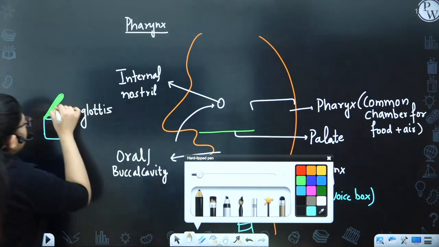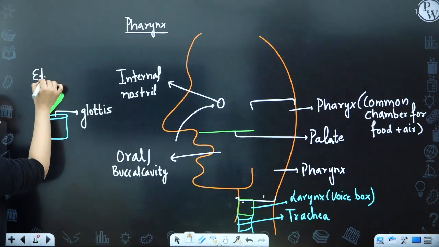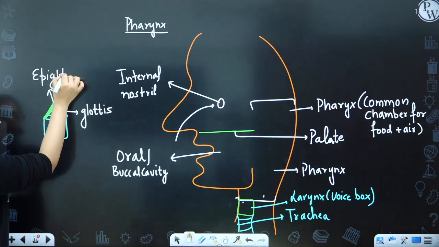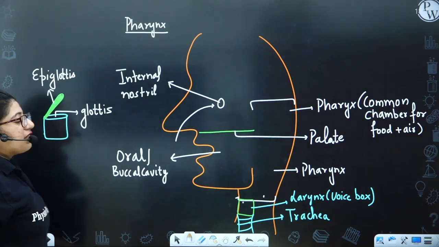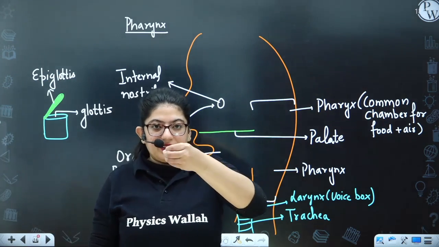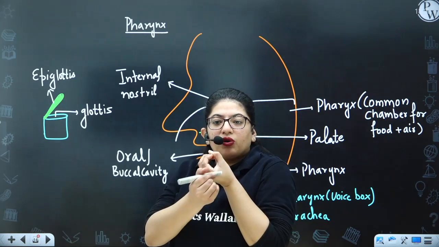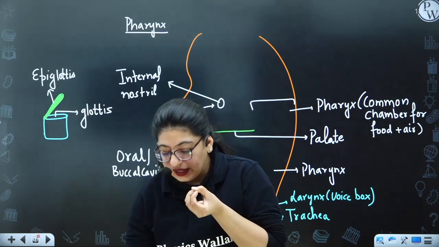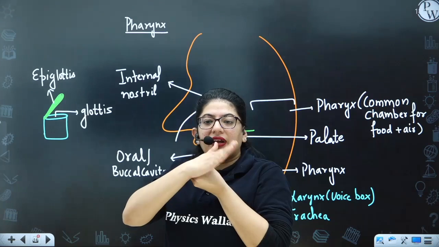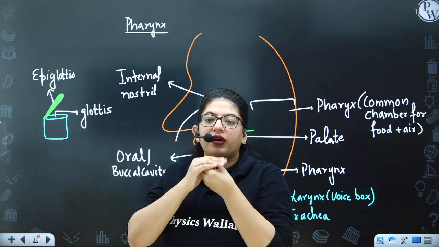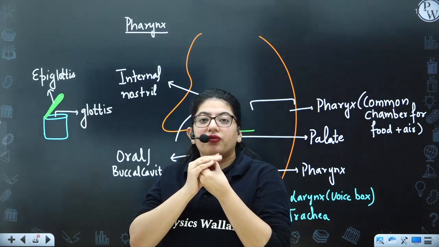This is your epiglottis. So the larynx has a small opening known as the glottis, and this glottis has a covering, the epiglottis. It is also made up of cartilage.